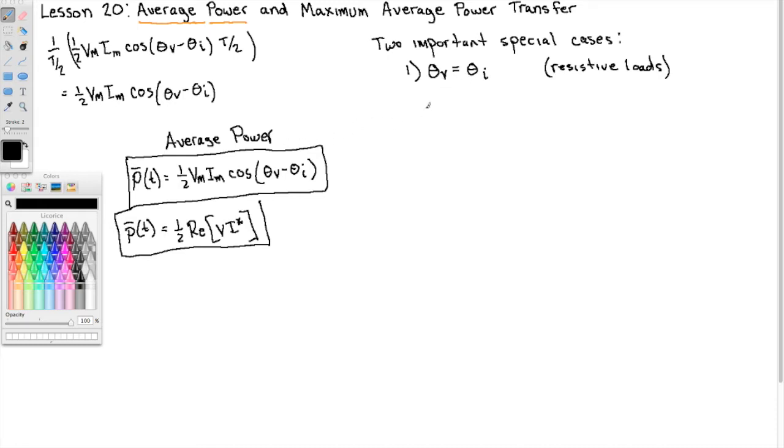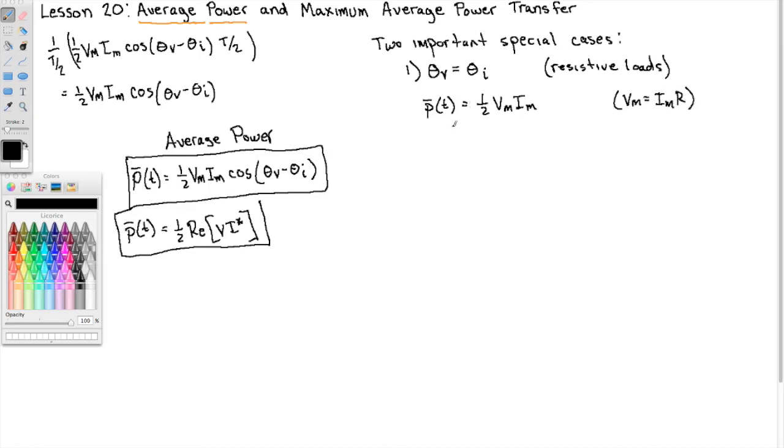In this case, the average power absorbed by a resistive load is 1/2 Vm Im cosine of 0, which is 1. And recall that the magnitude of the voltage is the magnitude of the current times the resistor.